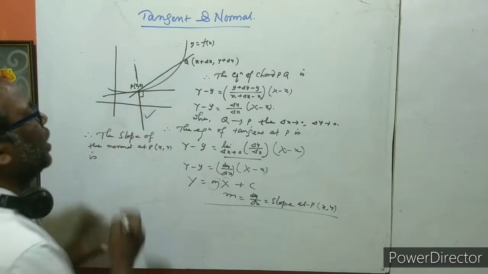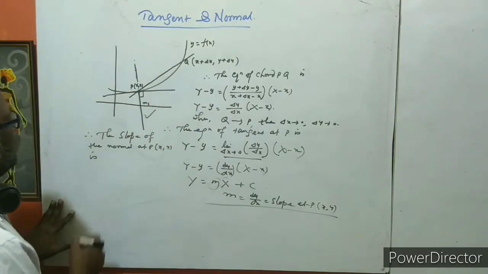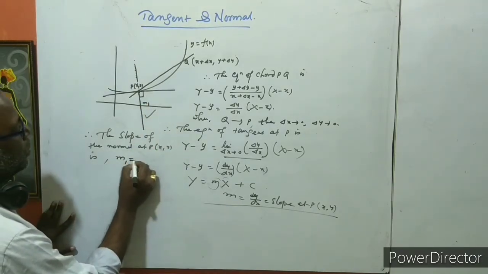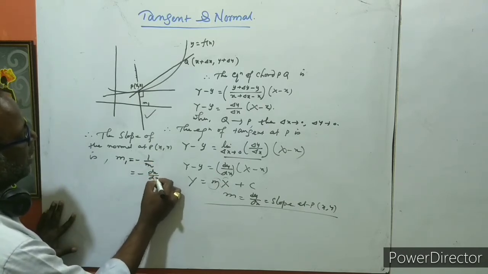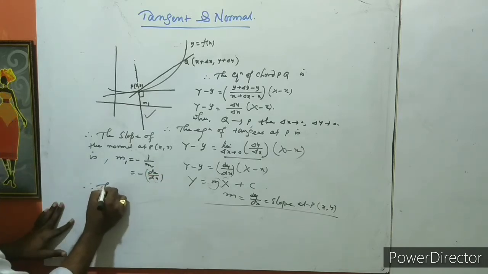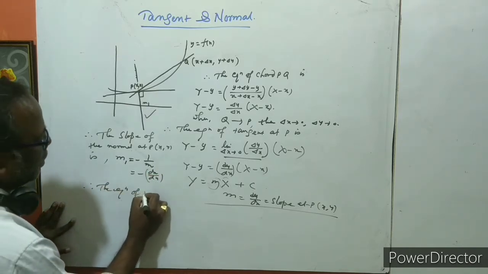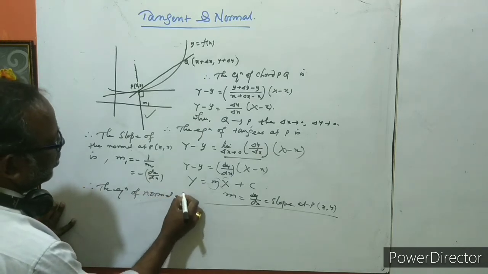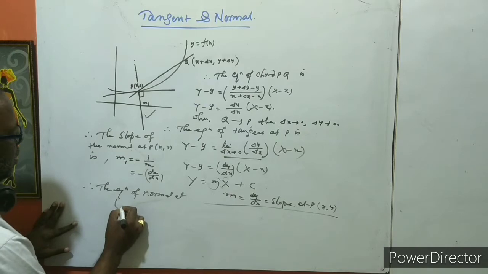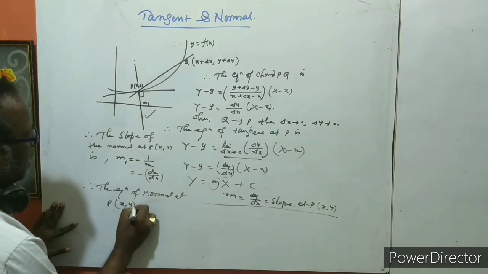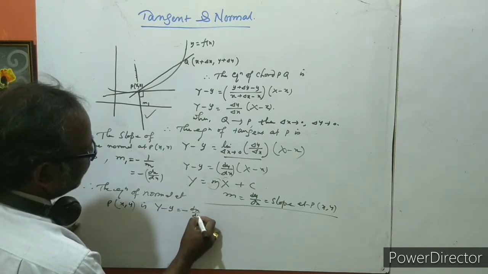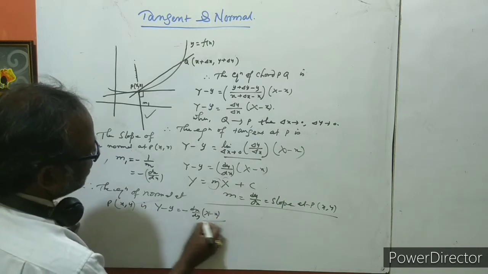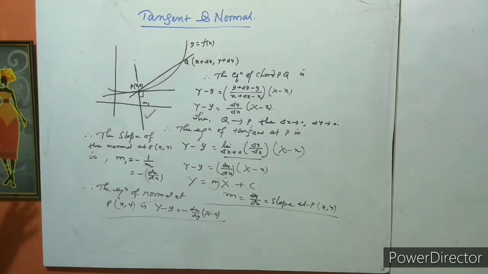Let us assume the slope of the tangent is m and the slope of the normal is m1. So m1 is equal to minus 1 by m, that is minus dx by dy, the slope of the normal. Therefore, the equation of the normal at P, that is (x, y), is Y minus small y equals minus dx by dy times (X minus x). See carefully.